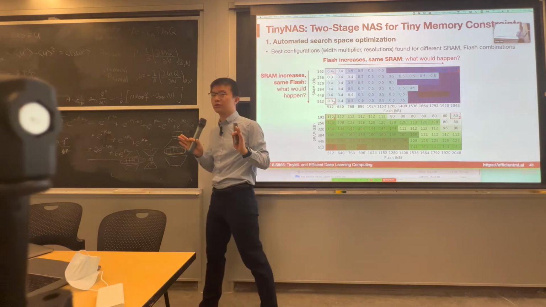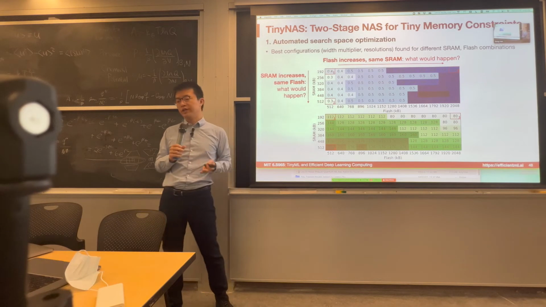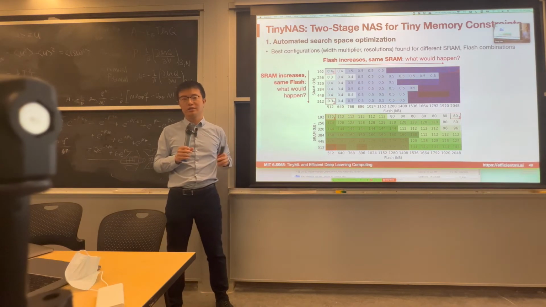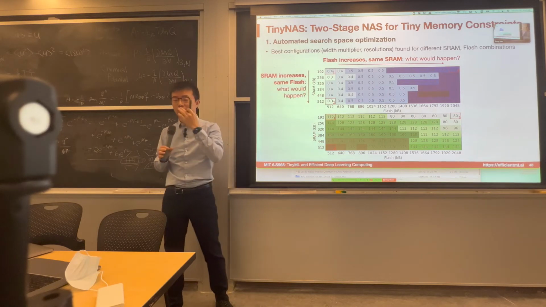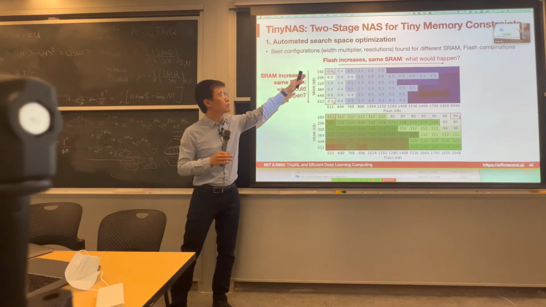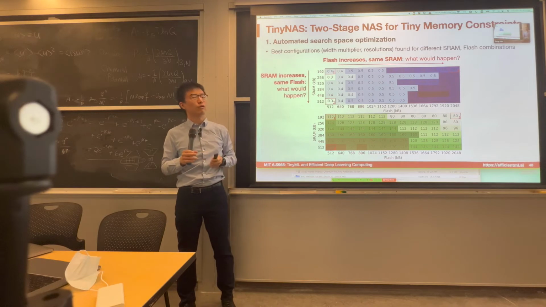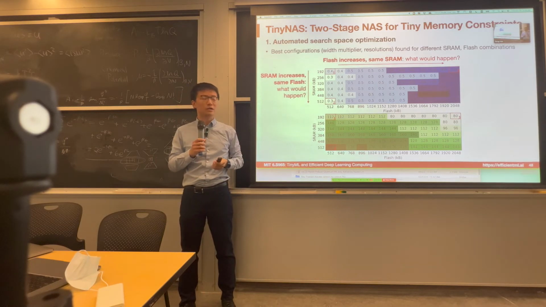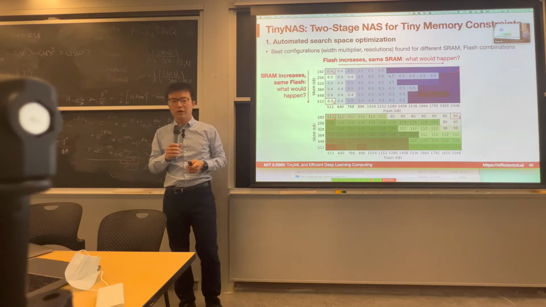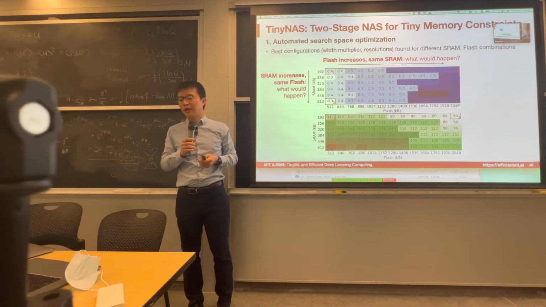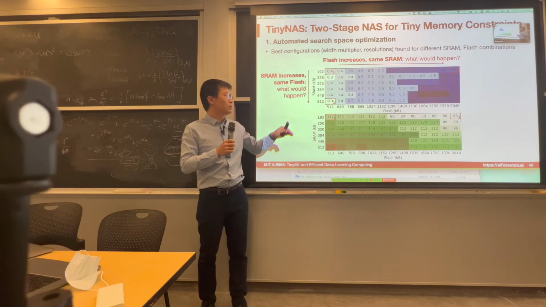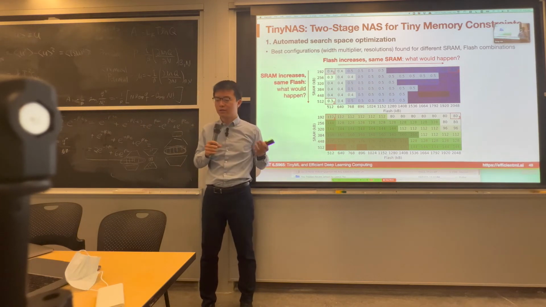So this gives you a good exercise about seeing the trade-off between how we adjust the width multiplier on the top versus the resolution on the bottom, given different resource constraints on SRAM and flash. This might also be helpful for those of you who want to play with new technologies, some of which may have read-only, non-volatile versus volatile memory.